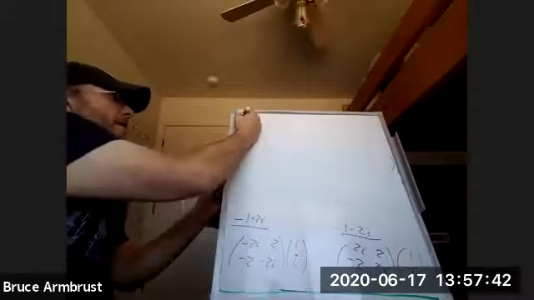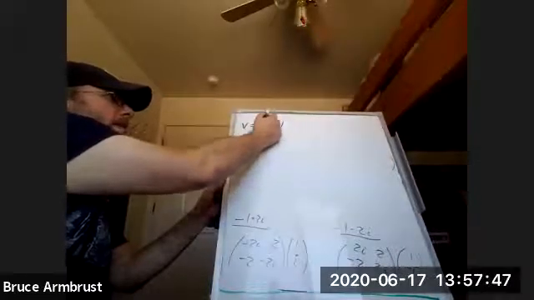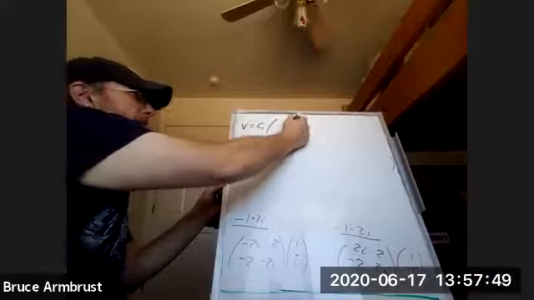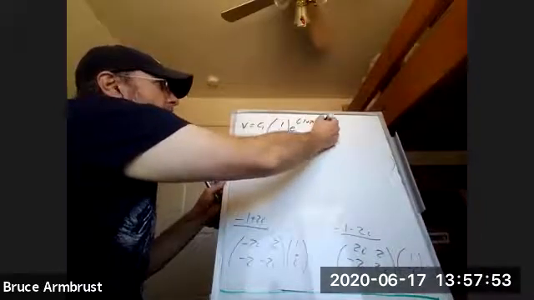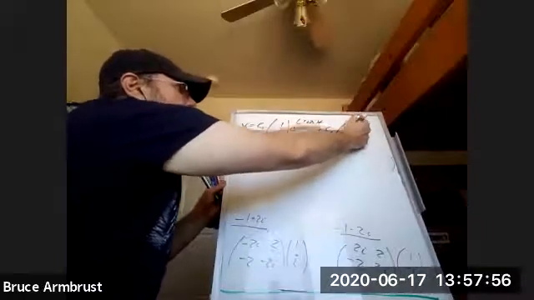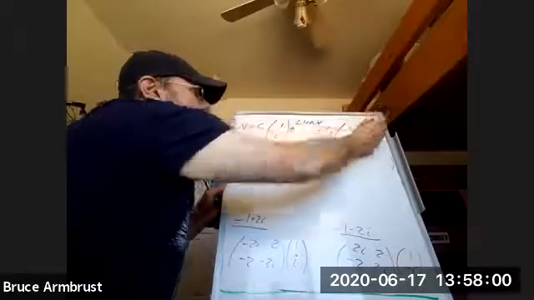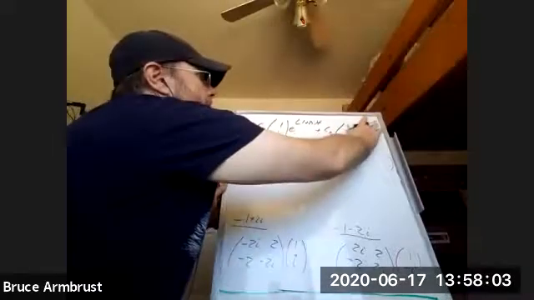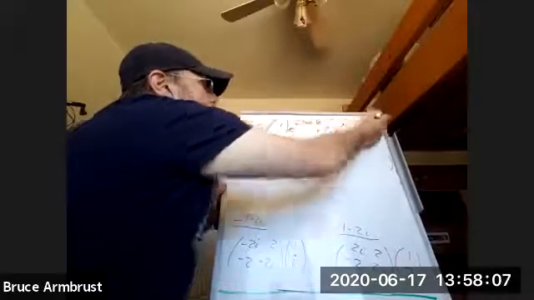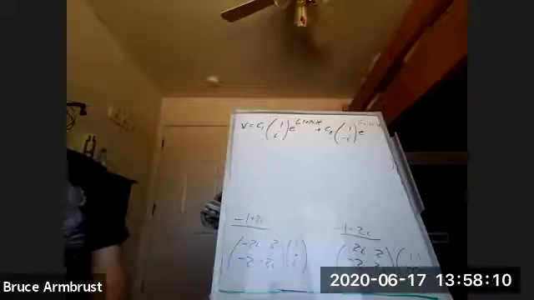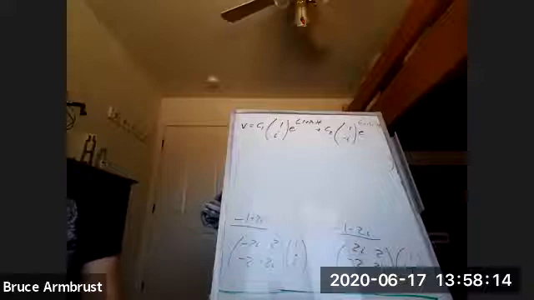So we've got our V equals C1 times (1, i) times e to the (-1 plus 2i) t, plus C2 times (1, -i) e to the (-1 minus 2i) t. So we're really just following the same process that we did before.